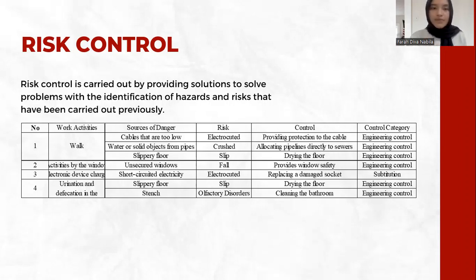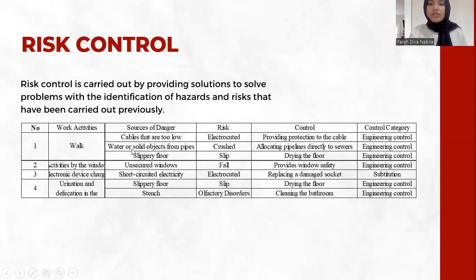So risk control is carried out by providing solutions to solve the problems identified in the hazard and risk identification carried out previously. For the work activity wall, the source of danger is cables that are too low, and the control is providing protection to the cable; the control category is engineering control.